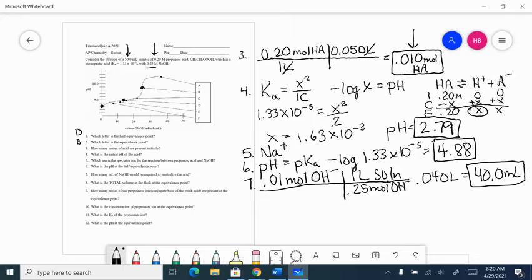That's the answer to number 7. What is the total volume at the equivalence point is what number 8 asks you. Well, I started with 50 milliliters of acid, and I added 40 milliliters of base. So remember, volumes are additive. So the volume at the equivalence point is 90 milliliters.